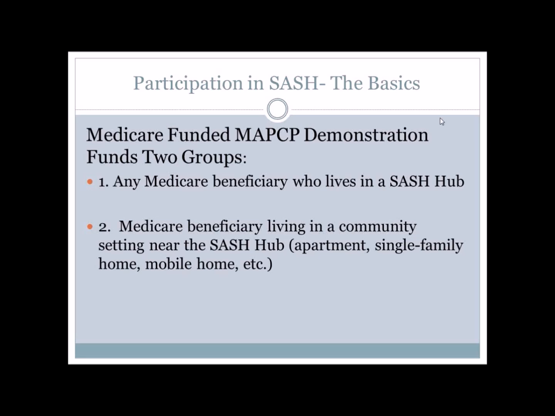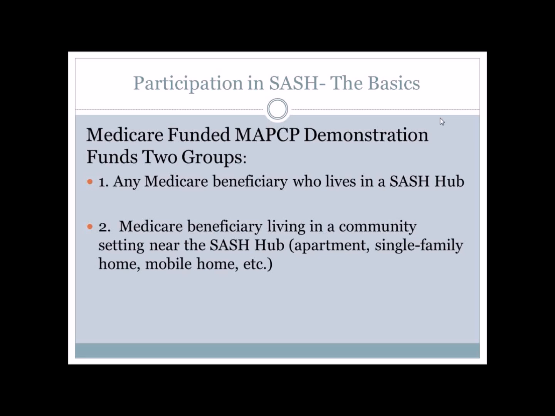Now, this rollout group is interesting because you're pretty diverse as far as the types of panels that have started up, because we have panels in this rollout quarter that don't have a SASH hub site at all. So you don't have a Grand Way Commons that you're going into every day, pulling most of your participants from the apartments.